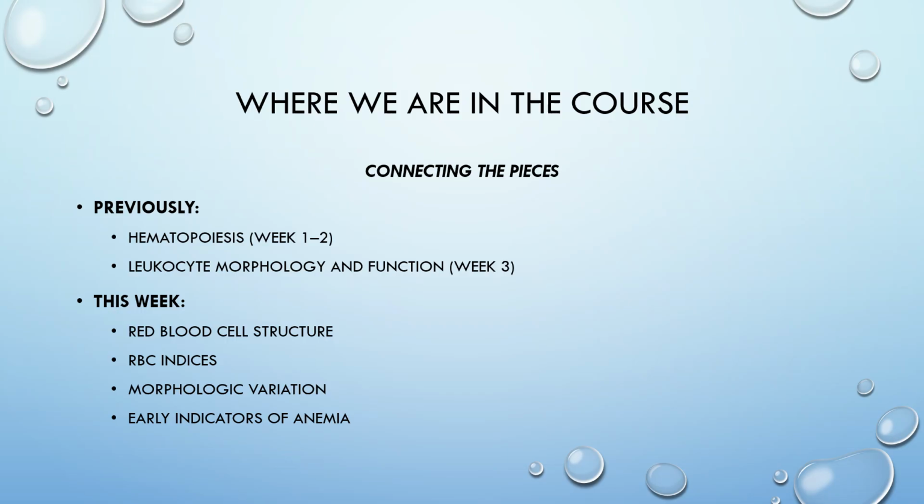And finally, we'll start talking about early indicators of anemia, which is where red blood cell morphology becomes clinically meaningful. So think of this week as building your erythrocyte evaluation toolkit. By the end, you should be able to look at a smear and start asking the same questions a hematology technologist would ask. And spoiler alert, those questions are much simpler than people think. They mostly come down to size, color, shape, and inclusions.